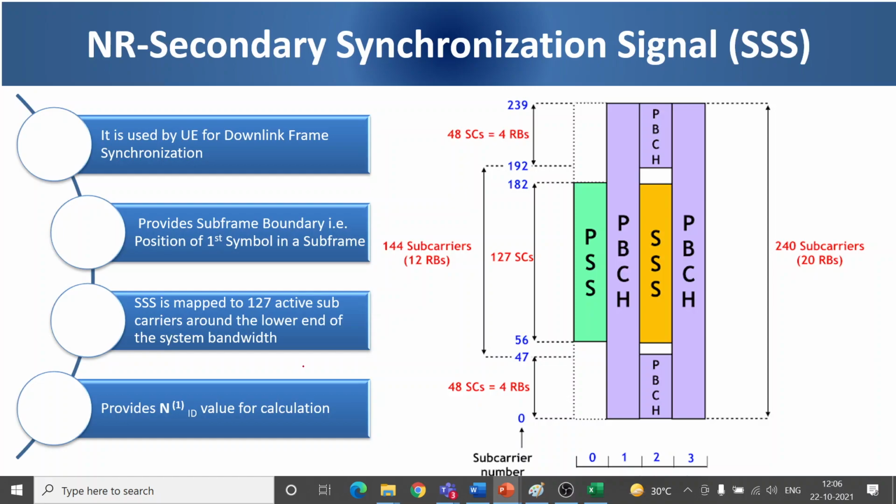In the case of SSS, which is also 127 subcarriers, you will get the first symbol in a subframe. So now you know the frame, you know the subframe, and you also know when the first symbol is starting, so you are able to synchronize the time. In addition, that sequence will also tell you the N1 value, right?